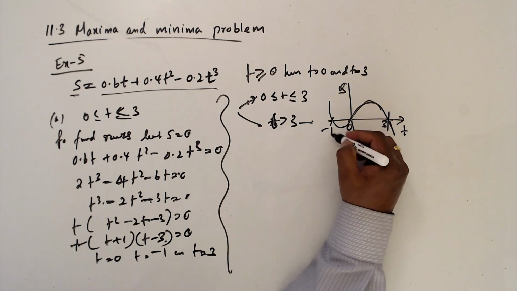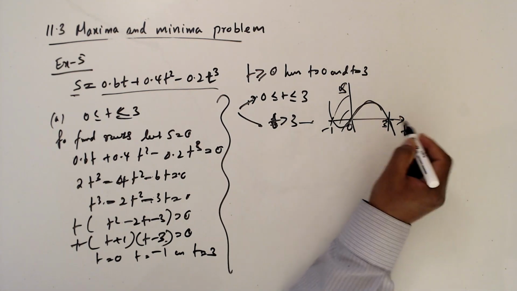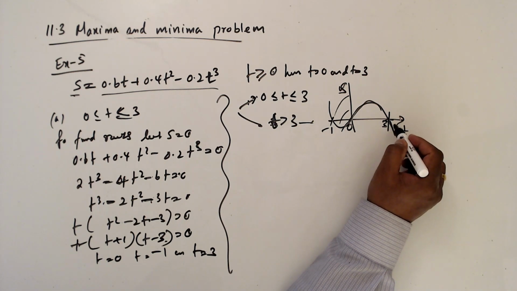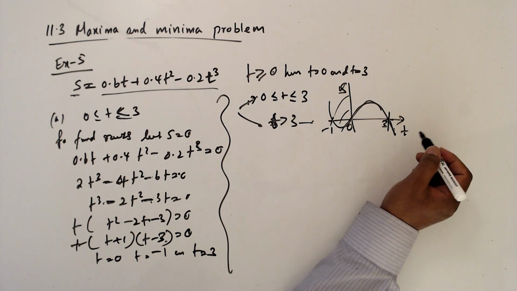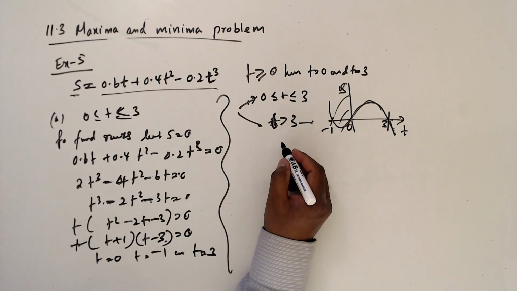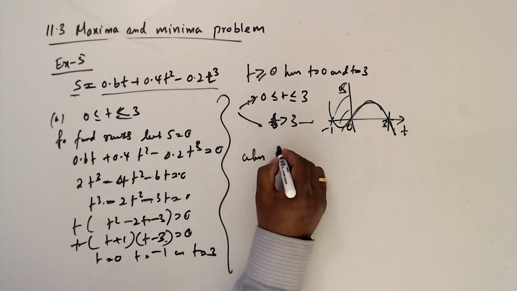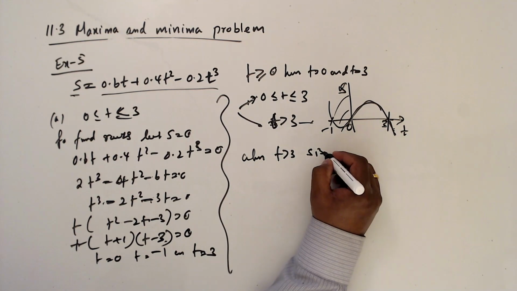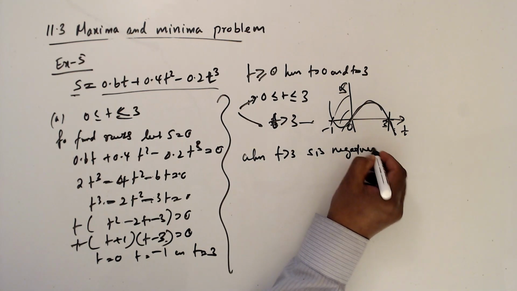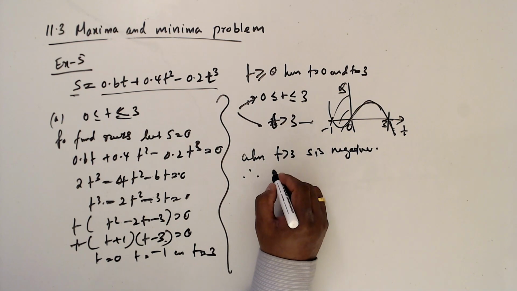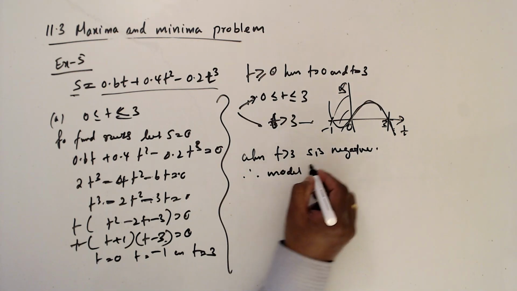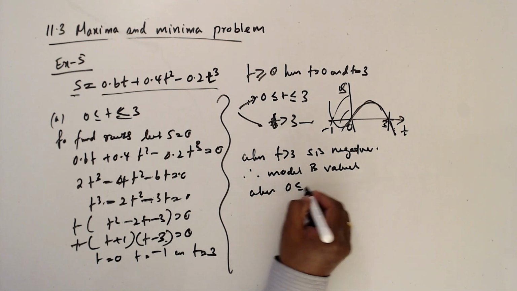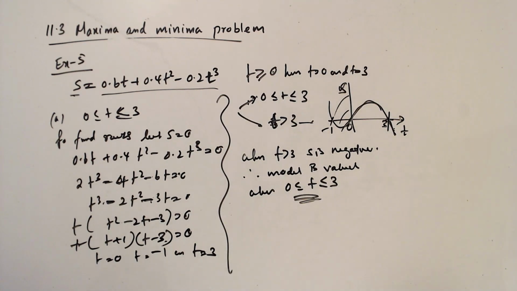We're not going to discuss that. It has to be t greater than 0, and we are not going to discuss t greater than 3, as the distance is going to be negative. When t is greater than 3, s is negative. Hence the model is valid when 0 is less than t less than 3.